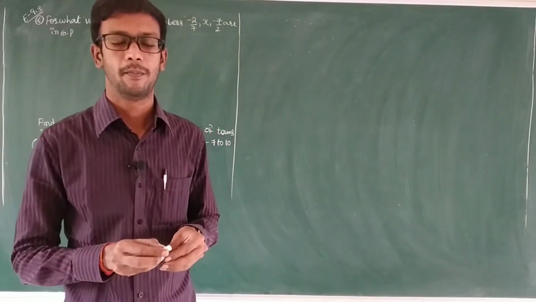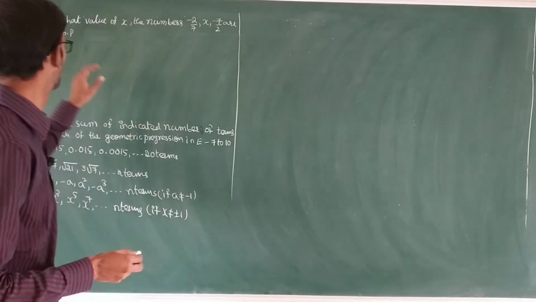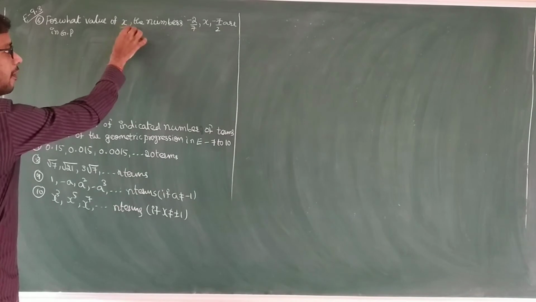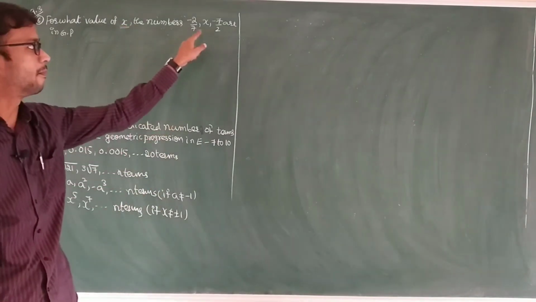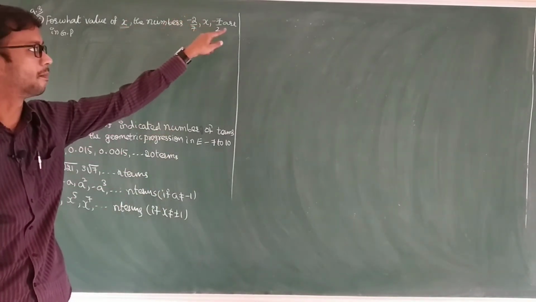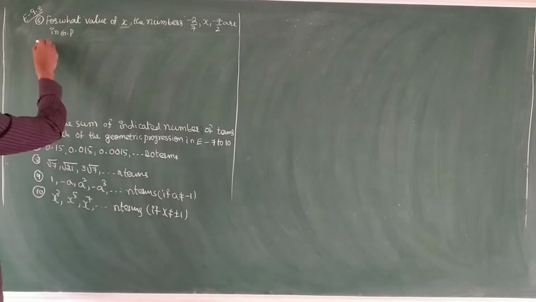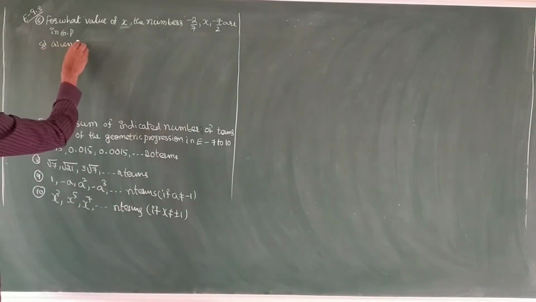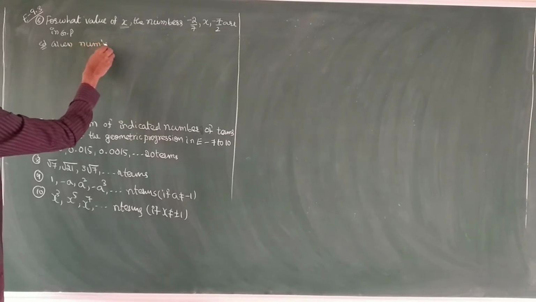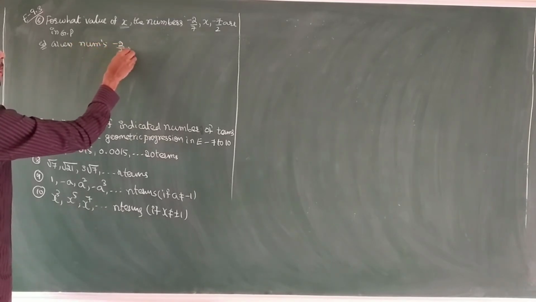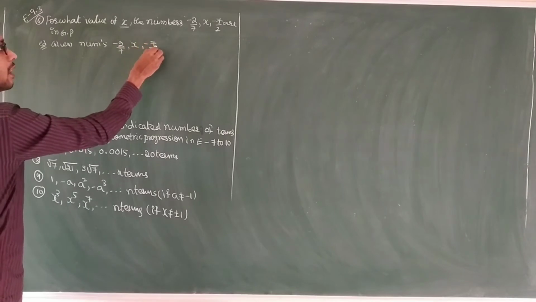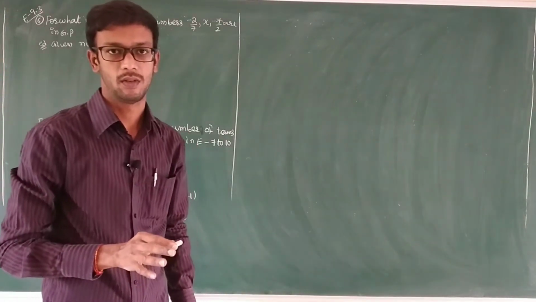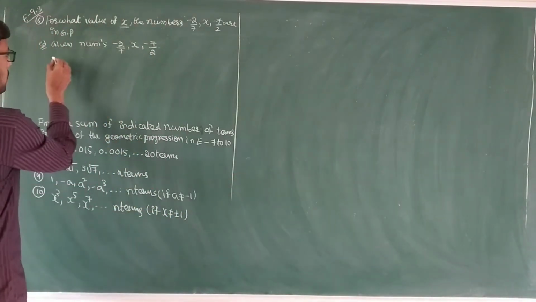Next, problem number 6. For what value of x are these three numbers in GP? First of all, write down the given numbers. GP means common ratio, so you find the common ratio here.